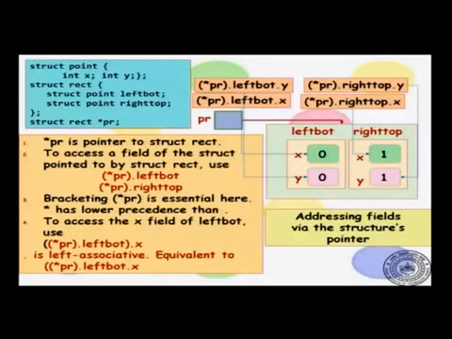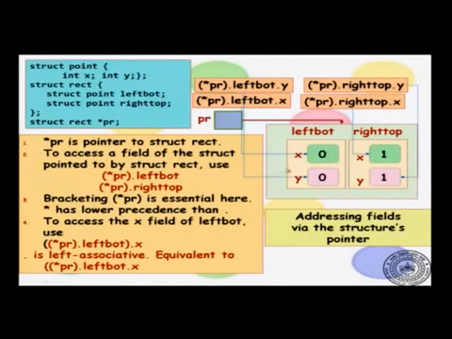Now, let us see how the memory depiction of this looks like. When you define struct rect star PR, PR is a pointer to a structure of type rectangle, and if you want to access the y coordinate of the left bottom, you would say star PR dot left bot dot y.